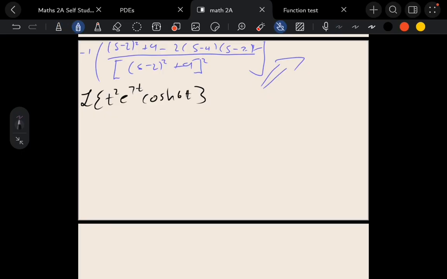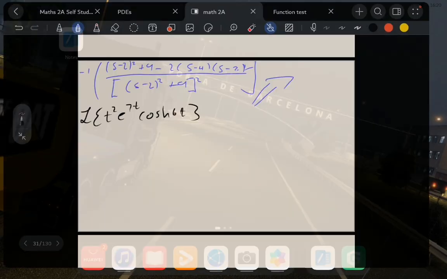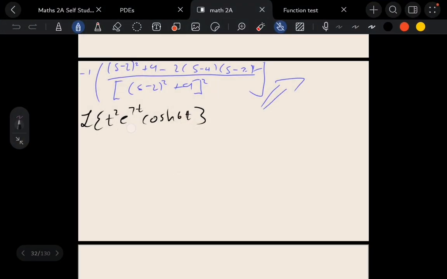Whenever you have three functions and there is an e, try to do some first shift theorem. You will be fine. You understand that? Try to use some first shift theorem.